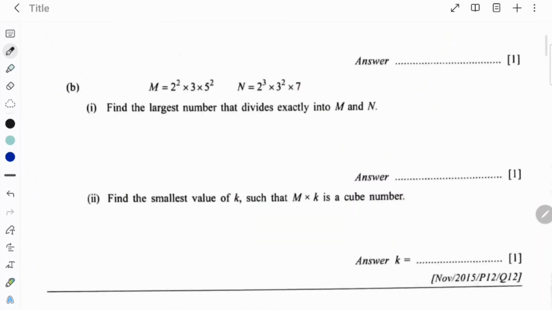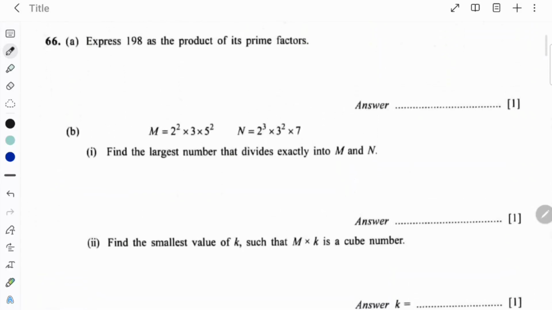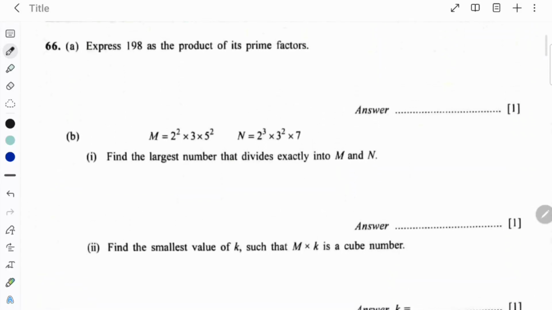Alright, the next question, it is November 2015, paper 1-2, question 12. So in this question, express 198 as the product of the prime numbers. Okay, so 198, we are dividing it by 2. Divide by 2, that is equals to 2 9s are 18, it's 99.